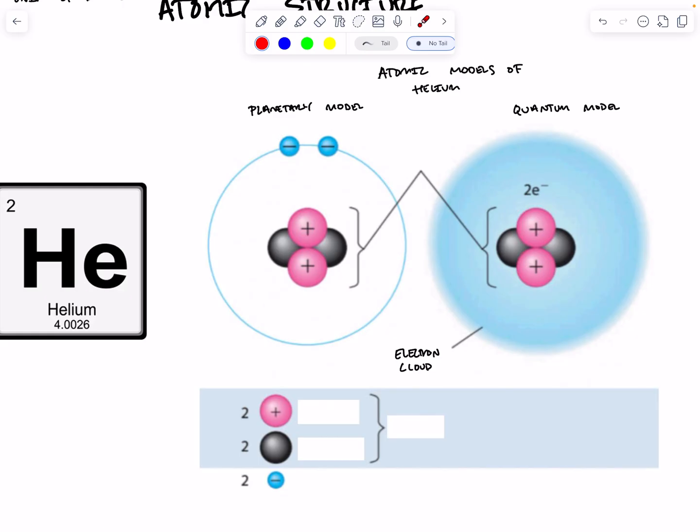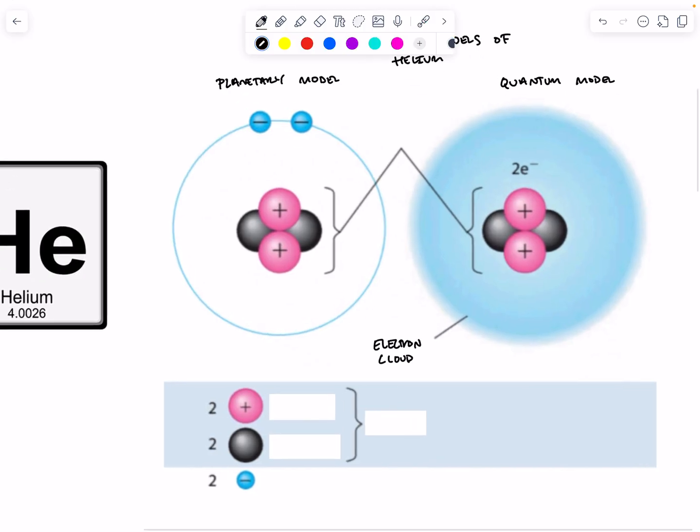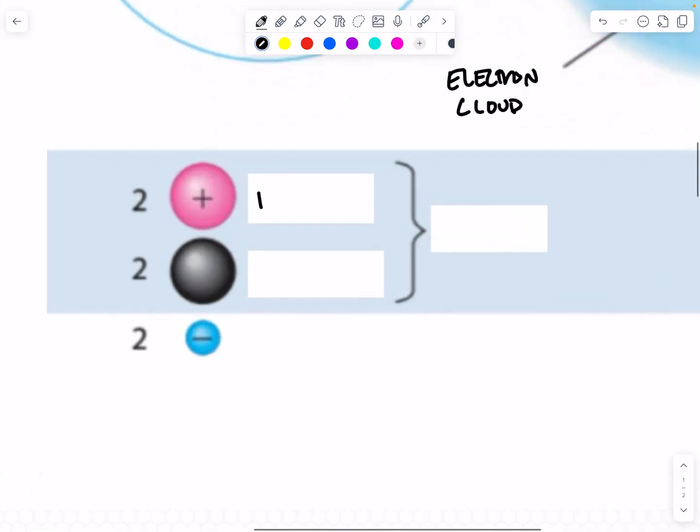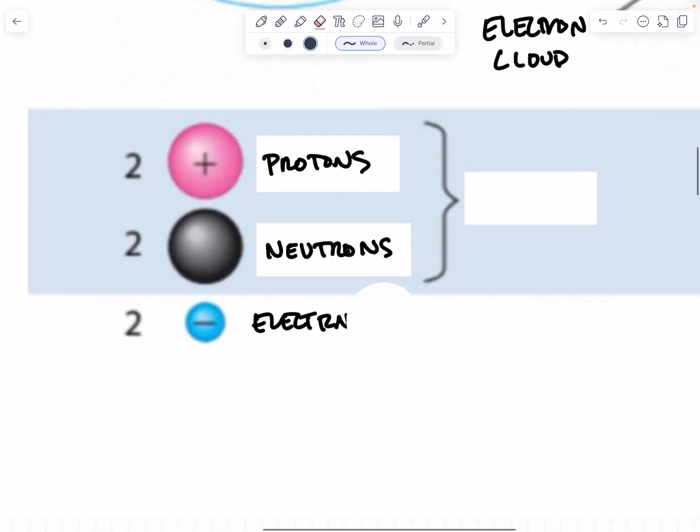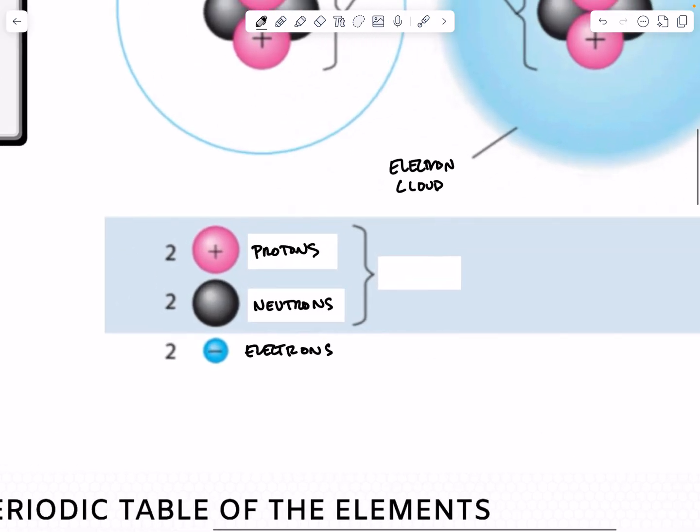Okay, so atoms are made up of subatomic particles. We have protons, neutrons, and electrons. Protons and neutrons are found in the nucleus.